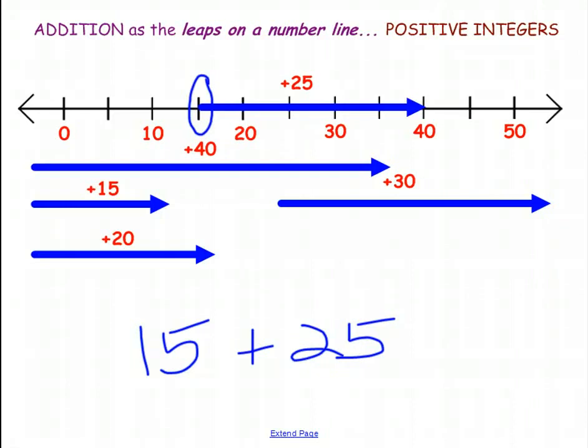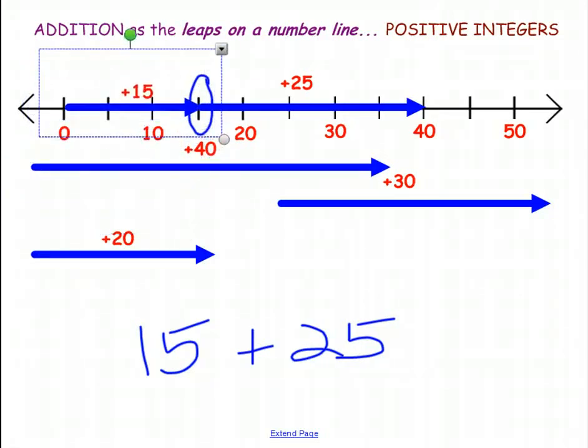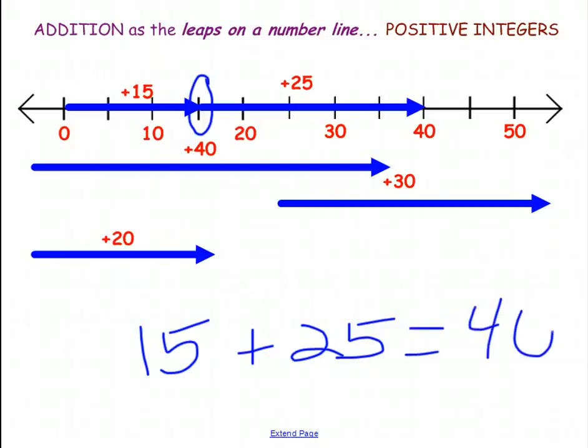But if we think of that positive 15 as just another leap on the number line, then we can start at 0. And we can see what we're talking about when we talk about the distance between two places as just the sum of two smaller distances. In this case, the eventual answer, which is 40, the eventual sum, can be seen as starting at 0, a jump from 0 to 15, which is the first number, and a jump from 15 over the course of 25 up to 40.